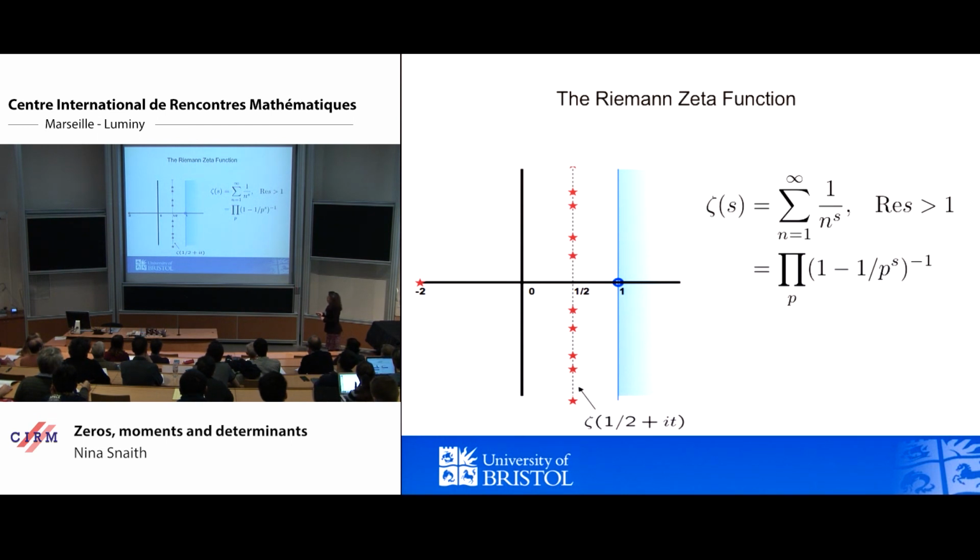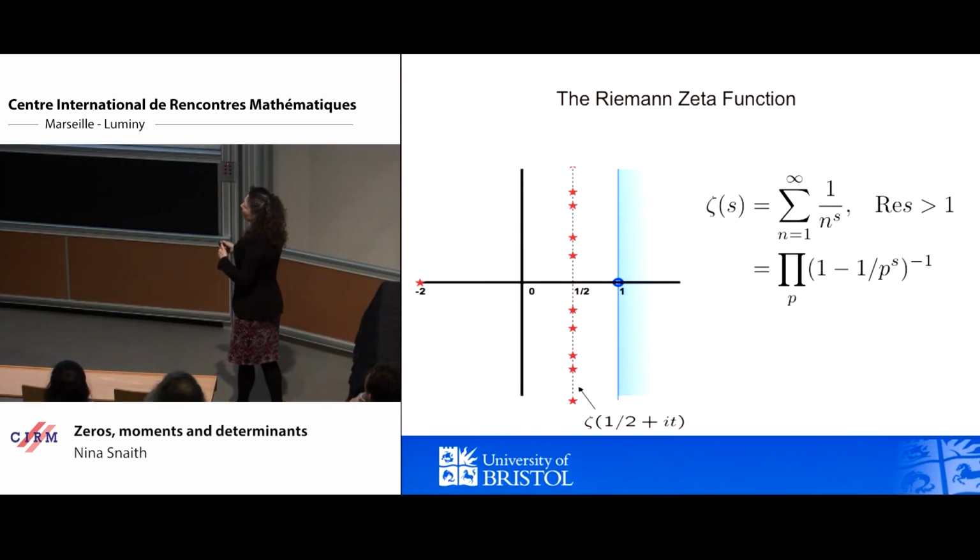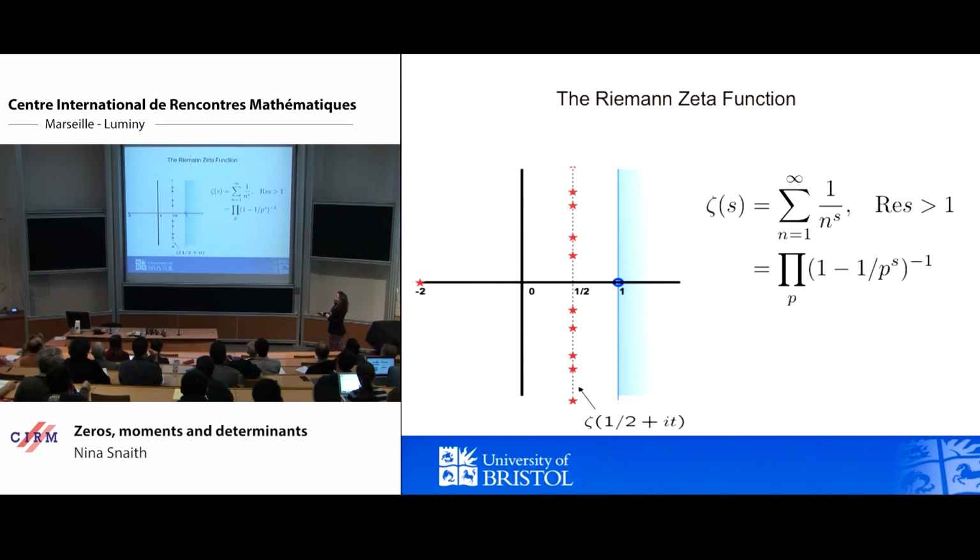There's an equivalence: all the zeros of the zeta function being on this line is equivalent to all the zeros of the derivative of the zeta function being to the right of this line. If we had no zeros of the derivative of zeta over on this side, we'd have the Riemann hypothesis. So we have a picture.